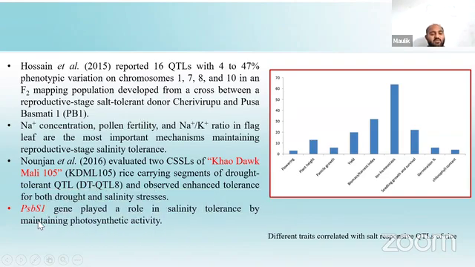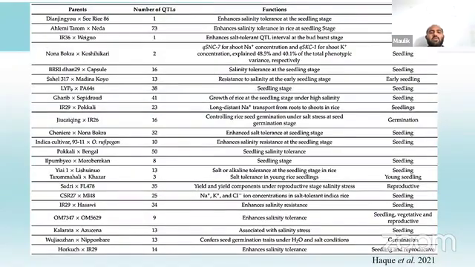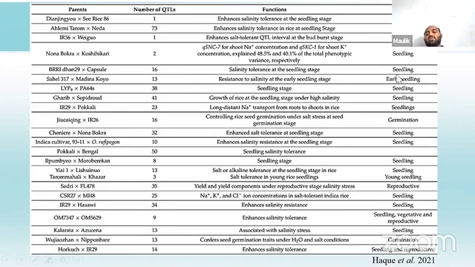And this PSPS1 gene also plays a key role in salinity tolerance by maintaining photosynthetic activity. So these are the QTLs and their functions, at which stage they govern salinity tolerance, and the parental lines used for making the QTL for reproductive or seedling stage tolerance.